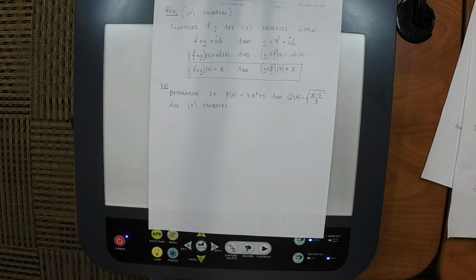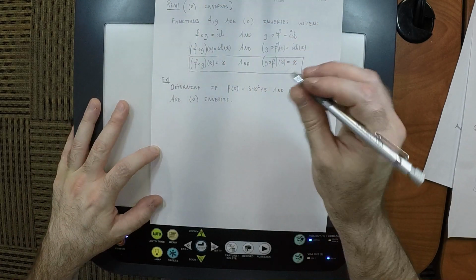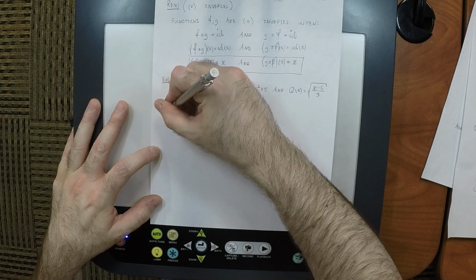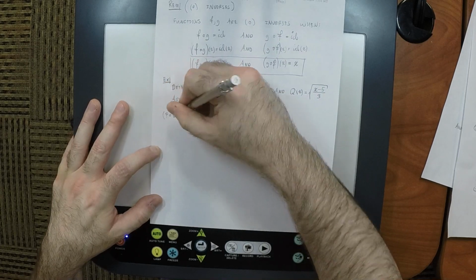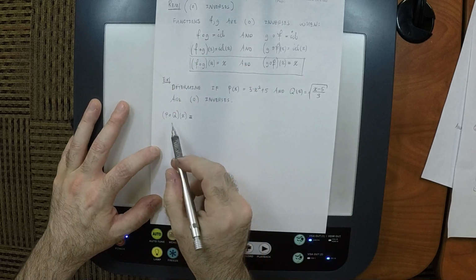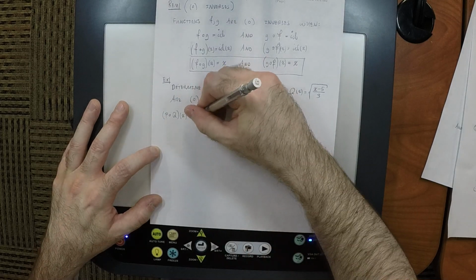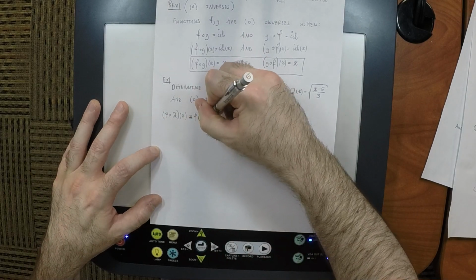What you must do is compose them and check to see if you get the compositional identity. So P composed with Q evaluated at X. Writing this without the circle, that's P of Q of X, like that.